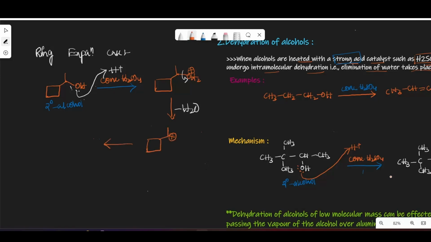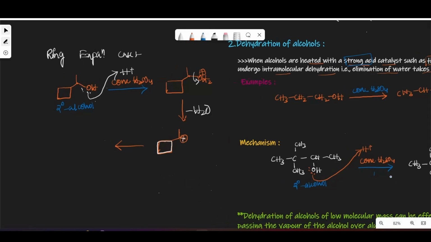So whenever you have a ring like this, and adjacent to that you have a carbocation, there is a possibility of ring expansion. So if you have these types of carbocations, then there is a possibility of forming ring expansion.